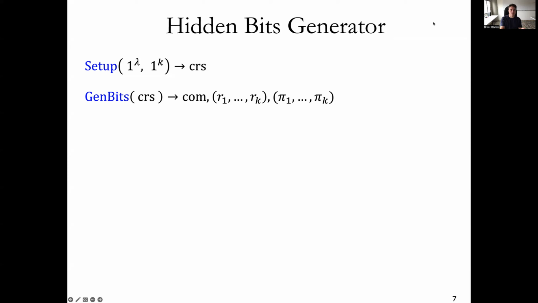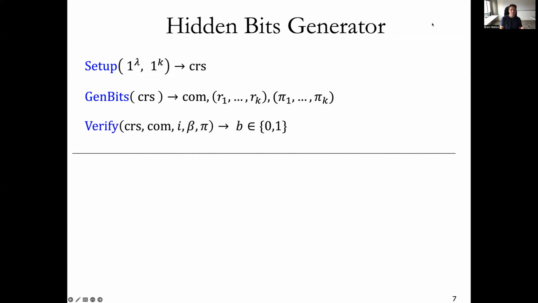So this algorithm will output a commitment com along with k bits, R1 through Rk, and the respective proofs pi1 through pik. Finally, there'll be a verification algorithm which takes as input the common reference string, the commitment, an index I, a bit beta, and a proof pi, and it will essentially decide whether beta is a correct opening of the proof.